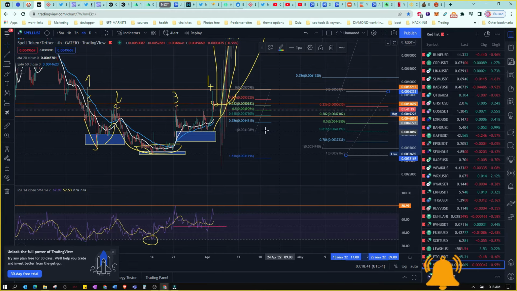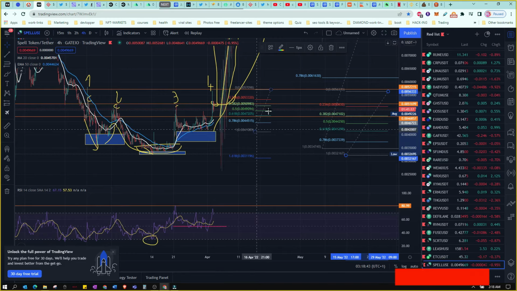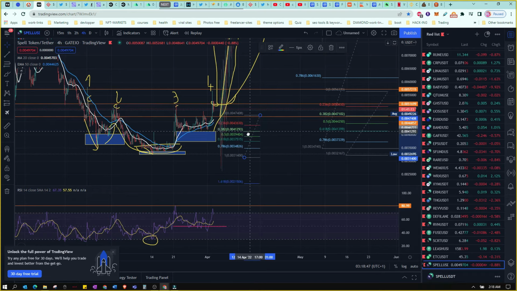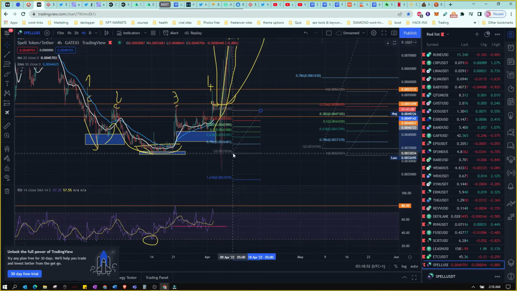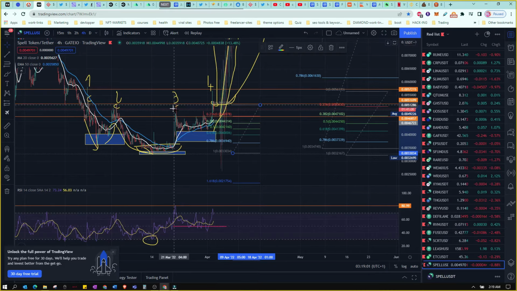If we talk right here, let me just take another Fibonacci to this point right here, which is the bottom, and take this to just this area, just to the third attempt to break the line.